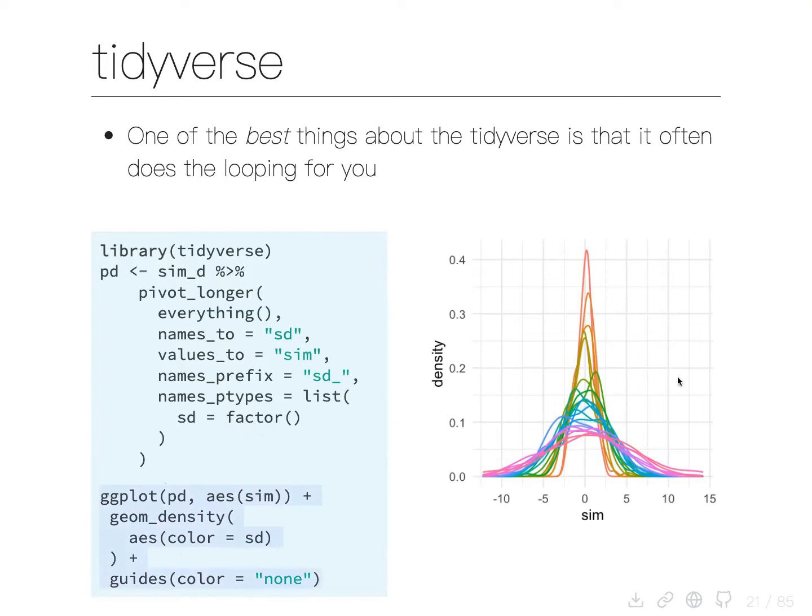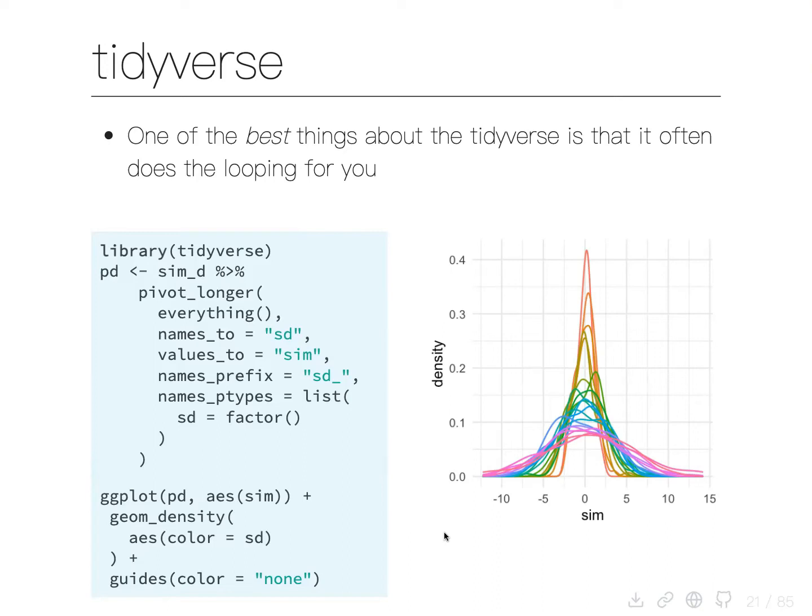Okay, I probably should have said group instead of color, because as we talked about in last class, this is way too many colors to actually distinguish what each one is, and that's why I just removed the guide altogether. But regardless, this is really nice, right? We get all of the density curves for all of these.